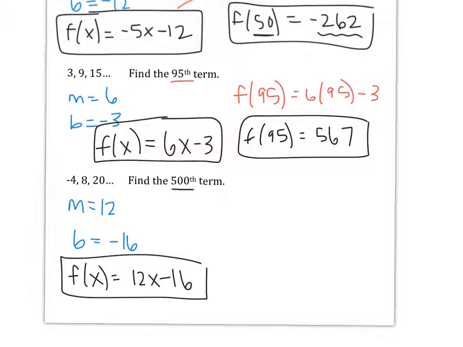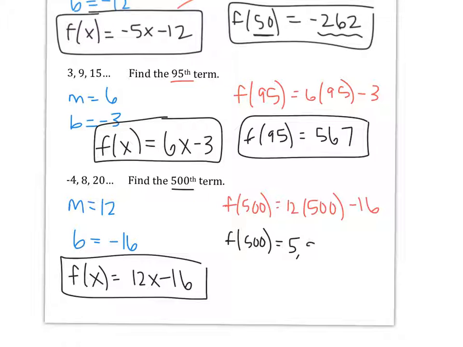And then now I need to find the 500th term. So I will say f of 500 equals 12 times 500 minus 16. So 12 times 500 minus 16 is 5,984. So f of 500 equals 5,984.